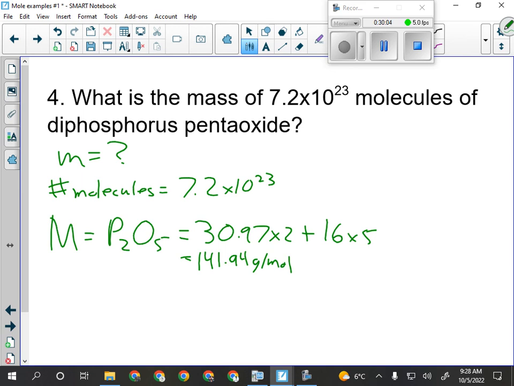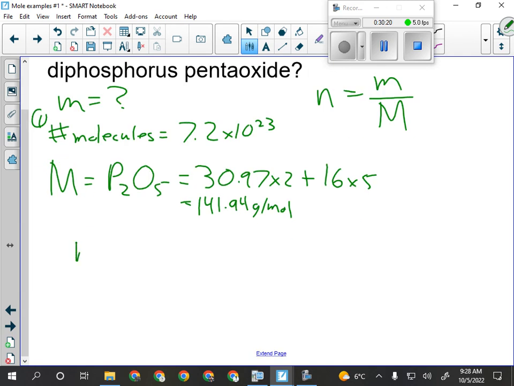If I'm going to get little m, I need big M, which I have, and I need n, which I don't have. But I do have the number of molecules and Avogadro's number. So to find the number of moles, I take the number of molecules and divide it by the number of molecules in 1 mole.